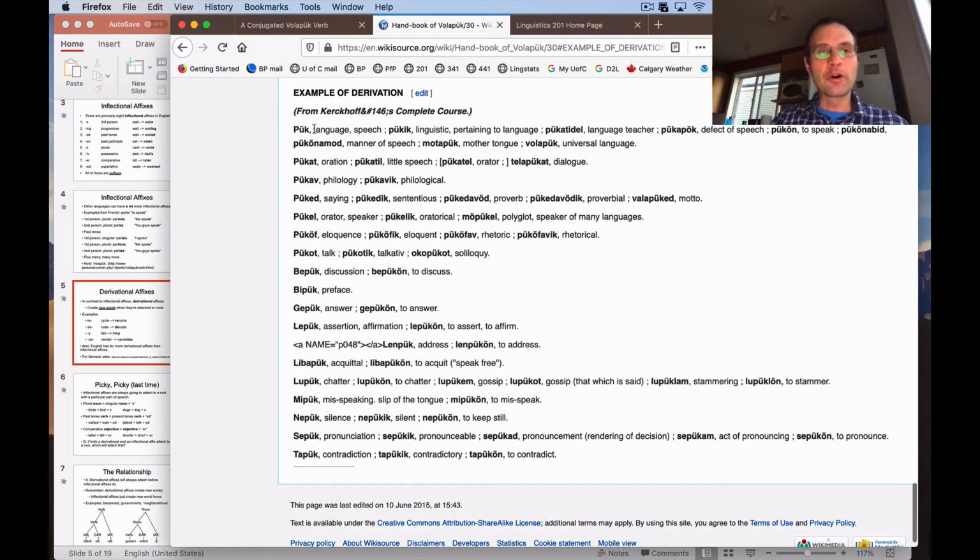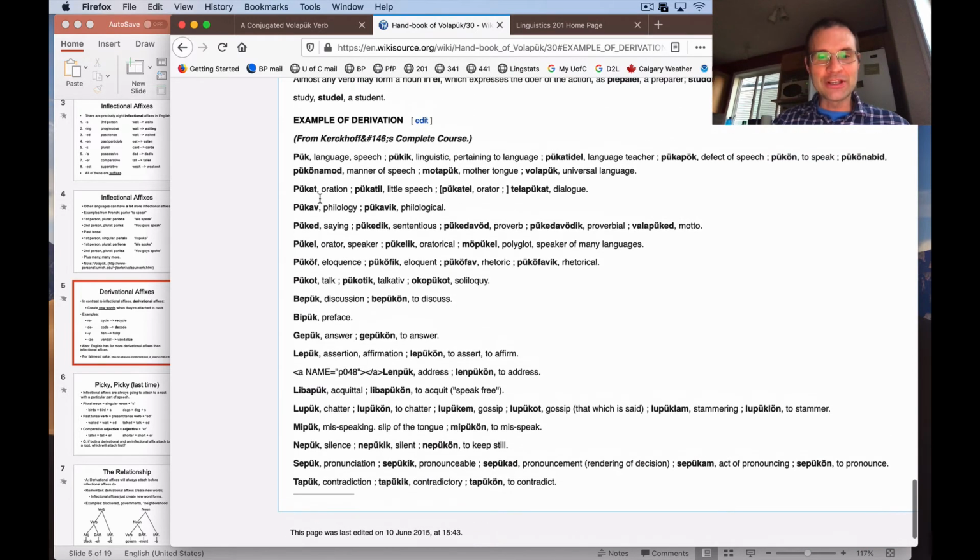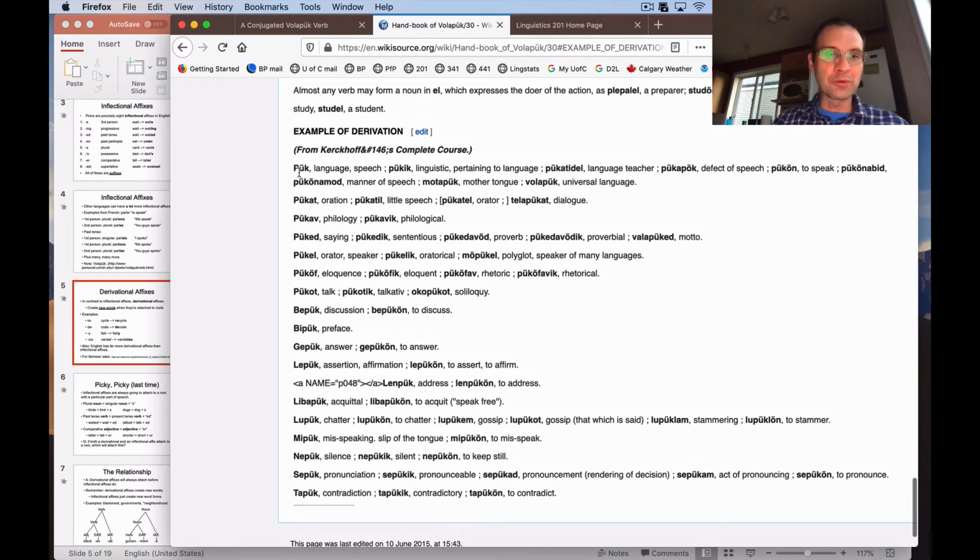So as I mentioned before, pük means language or speech. So here are all the words you can derivationally create out of that root. Like pükik means linguistic, pükatidel means language teacher, pükapük means defect of speech, pükat, oration, püka, philology, bipük, preface, so on and so forth. There are a lot of these as well.